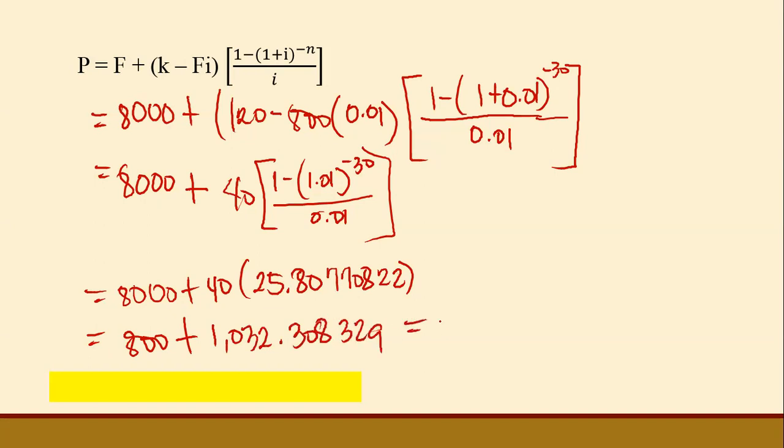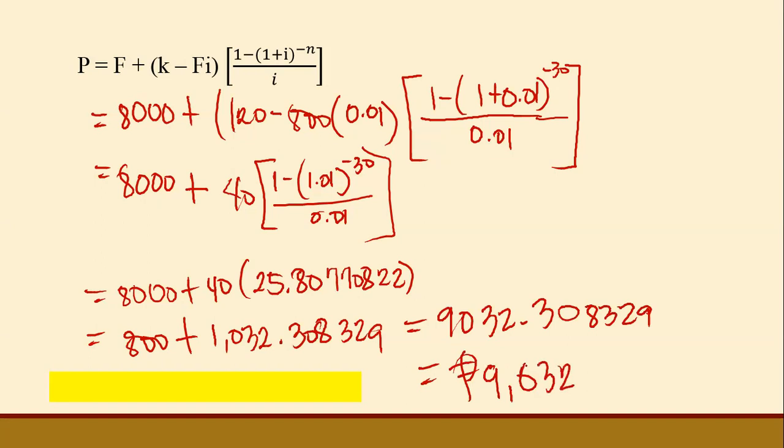Or this is equal now to 9,032.308329. Or this is now equal to 9,032 pesos and 31 centavos. So that is now the price of a bond. Price of a bond yield 6%.